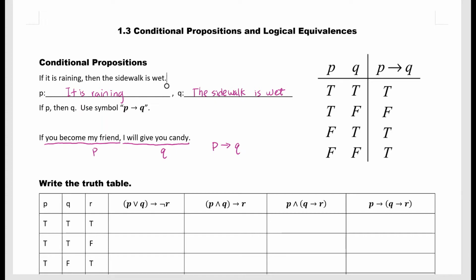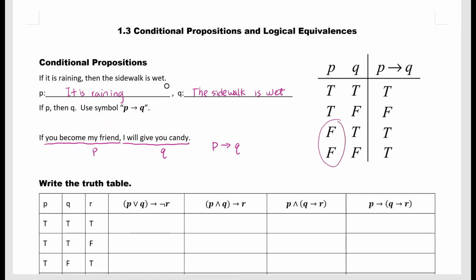Okay. So true implies true. That's good, right? Remember, if this is true and then that is true, this is good. Next, if this is true and then the conclusion is false, well, this is not good. So true implies false is false. How about if P is false?